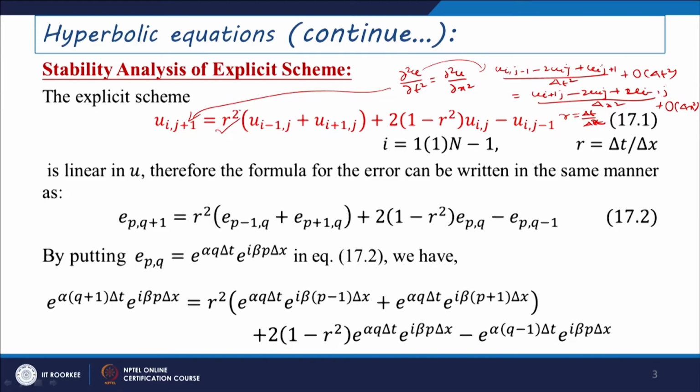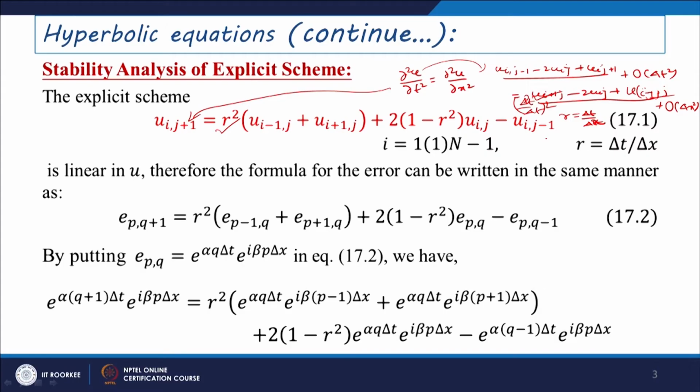So, u i minus 1, j plus u i plus 1, j, this into r square, since del t square can be commuted, and del t by del x whole square we write. So, we can write these terms in this form. That is why it is written as r square into u i minus 1, j plus u i plus 1, j, plus 2 into 1 minus r square u i j, minus u i, j minus 1, where i varies from 1 to n minus 1.